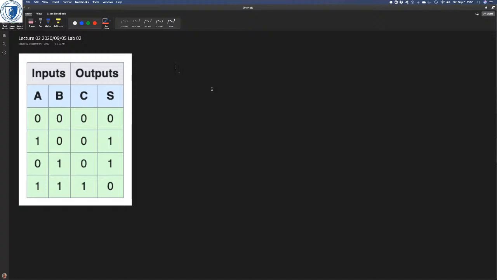So I think C is pretty easy to generate. C is only a 1 when both A and B are a 1, right? So C is just AB.